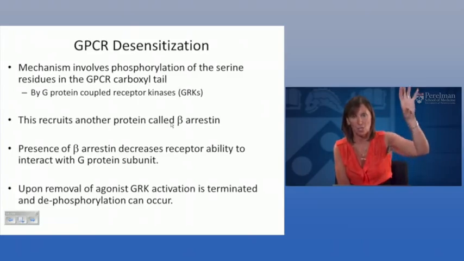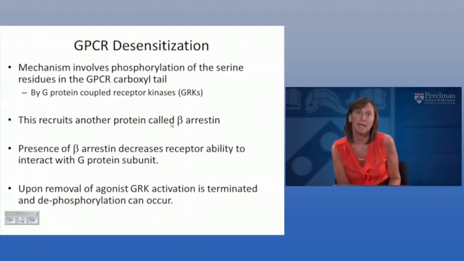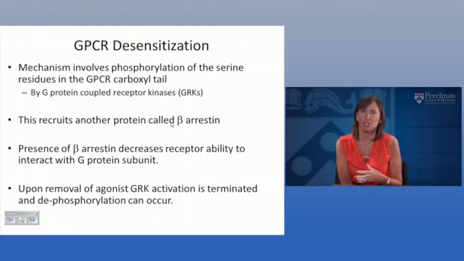Remember, the N-terminus is external and the carboxy terminus is internal in the cytoplasm. The phosphorylation of the serine residue in the carboxy tail is brought about by a G protein coupled receptor kinase. So this gives you another appreciation of receptor kinases here, which are linked to the G protein itself.